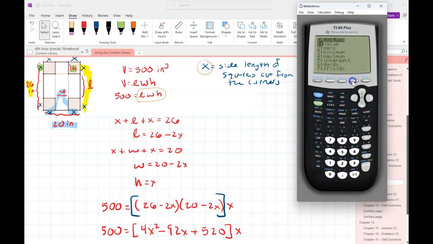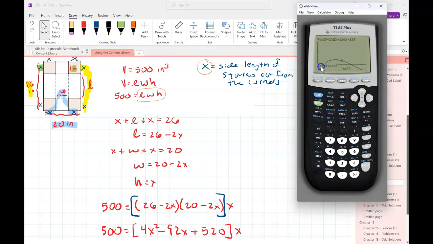Which one of these sounds like the one I'm looking for? Isn't 0 the same thing as an x-intercept? Right, the zeros, that's the one I want. So 0. To do this, I need to answer 3 questions from the calculator.